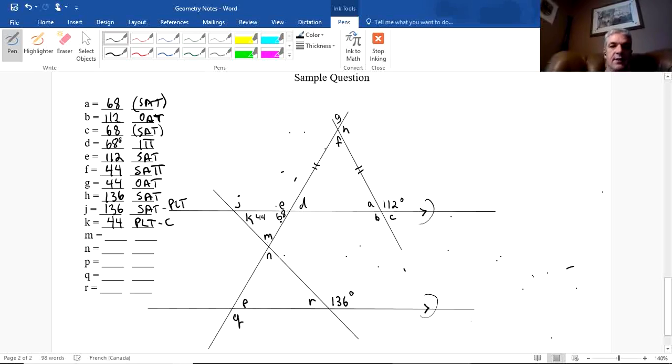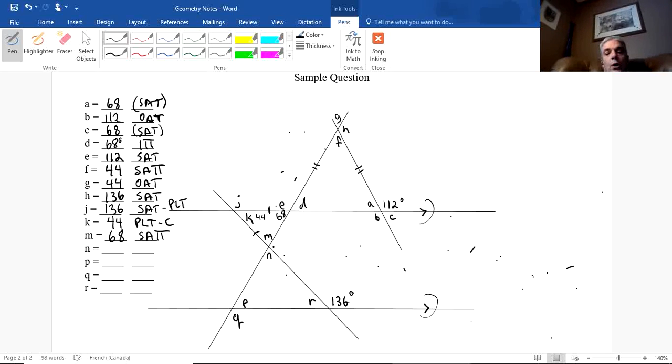And son of a gun, if it doesn't work out to 68 again. So that tells me 68, that is sum of a triangle theorem, TT. Make sure you got your two T's on there, not SAT. And that also tells me if this is 68 and this is 68, this length must be the same as this length, okay? It's not asking for that, but it's just interesting to find out.